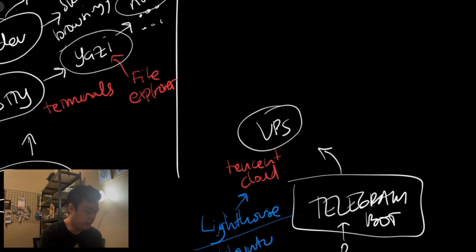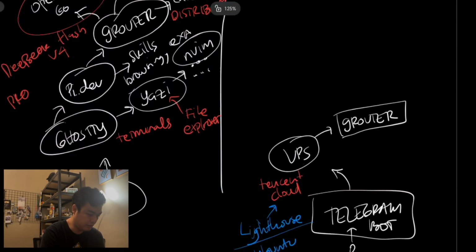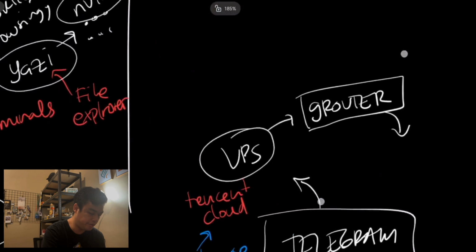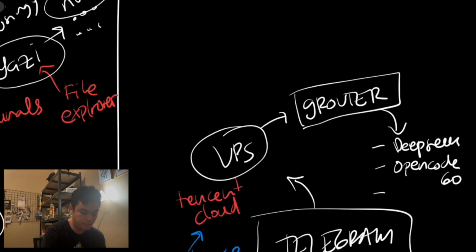But anyway, on the VPS I also installed 9router. This 9router has the same API as the one I use on my local, which is DeepSeek and OpenCode Go, and just these.